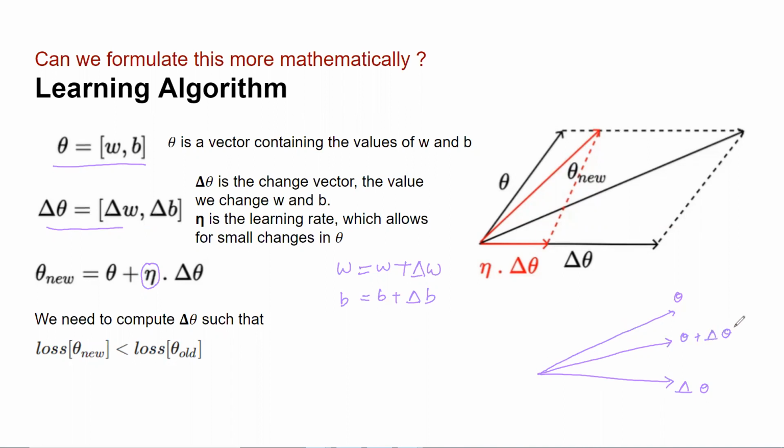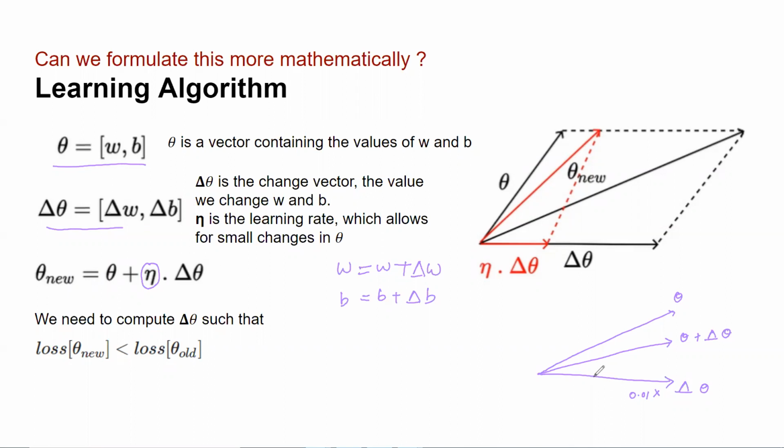Now, since we are saying that we have to make a very small change in theta, in order to make that small change, I need to multiply by some very small number. For example, if I multiply here by 0.01, this delta theta will reduce.